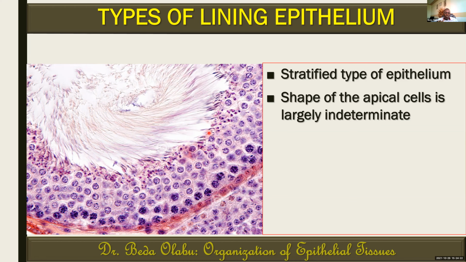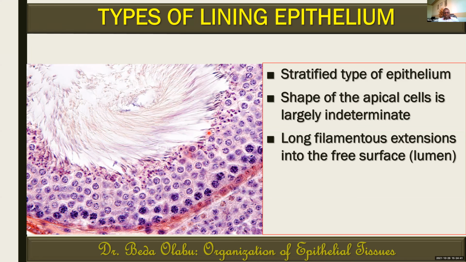Because we cannot commit to a particular shape, the shape of the apical cells are largely indeterminate. So we can't use the shape of the cells to classify this epithelium. And I think that's where most of you went wrong. But there's something else I want you to see.